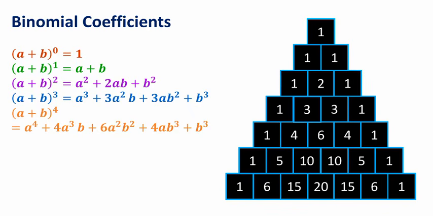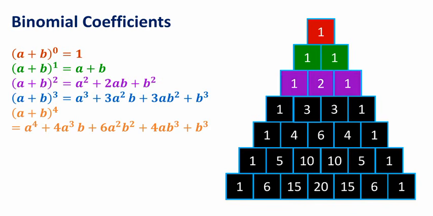In the Pascal triangle, this number is the coefficient of the term in the expansion of (a+b)^0. These numbers are the coefficients of terms in the expansion of (a+b)^1.